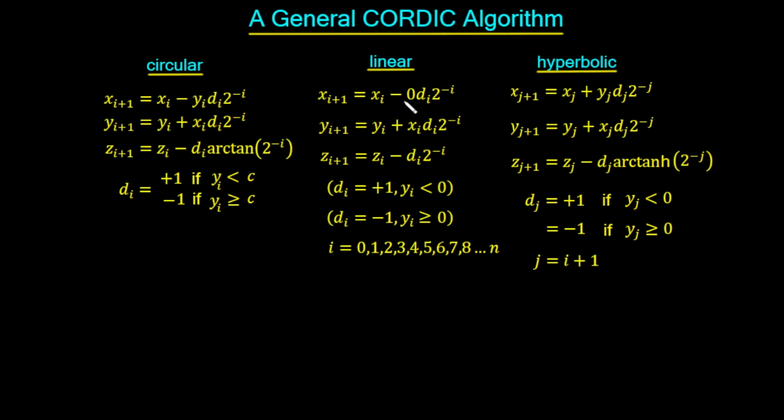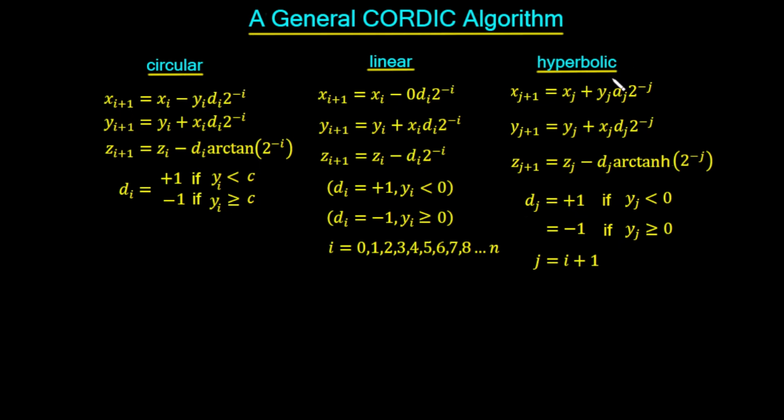If m was 0, then we would have the linear mode, and if m was -1, then we would have -1 times the minus, which would give us a plus. This would give us our hyperbolic. So we can jump between circular, linear and hyperbolic by introducing a factor of m into this term here.